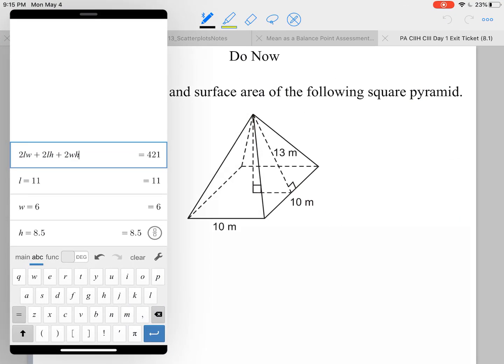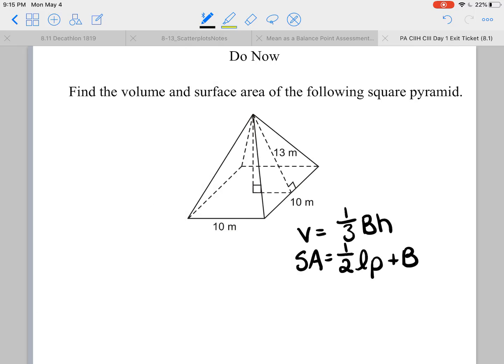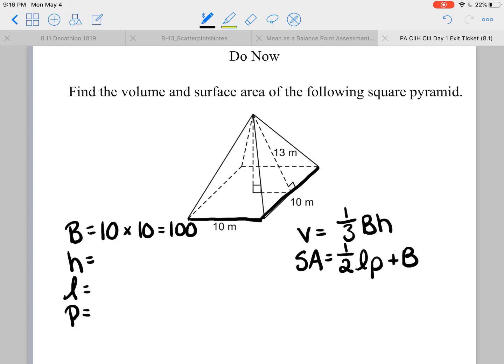We're going to find the volume and surface area of this square-based pyramid. First, we need our volume and our surface area formulas. So the volume of this pyramid is 1/3 capital B lowercase h, and the surface area is equal to 1/2 LP plus B. So let's define some variables first. Let's talk about capital B, let's talk about H, let's talk about L, and let's talk about P. B is the area of this base, so we need to do the length times the width. 10 times 10 equals 100.